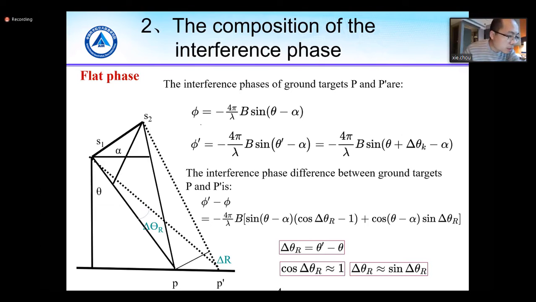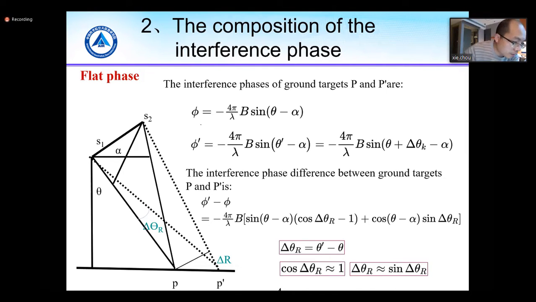Due to the influence of the geometric relationship of the InSAR system, the phase difference of points with the same height in the azimuth direction or the range direction should remain unchanged on the interferogram, otherwise it causes the phase of the interferogram to shift. Even flat ground without height information would also produce a linearly changing interference phase.